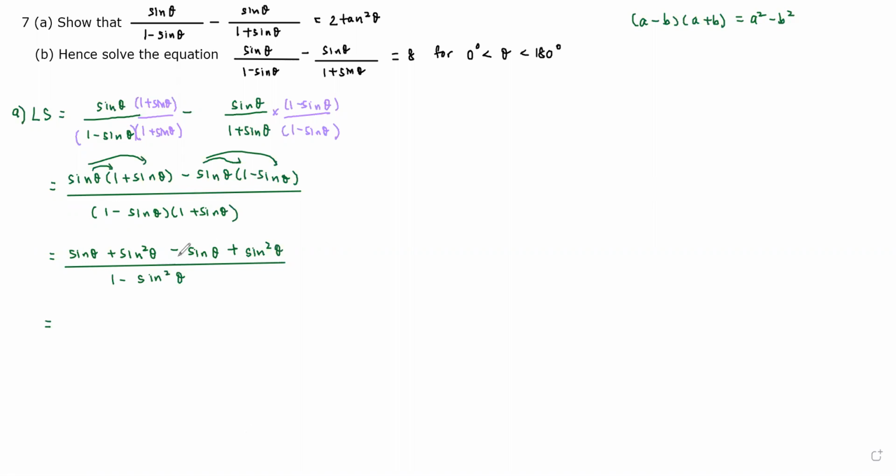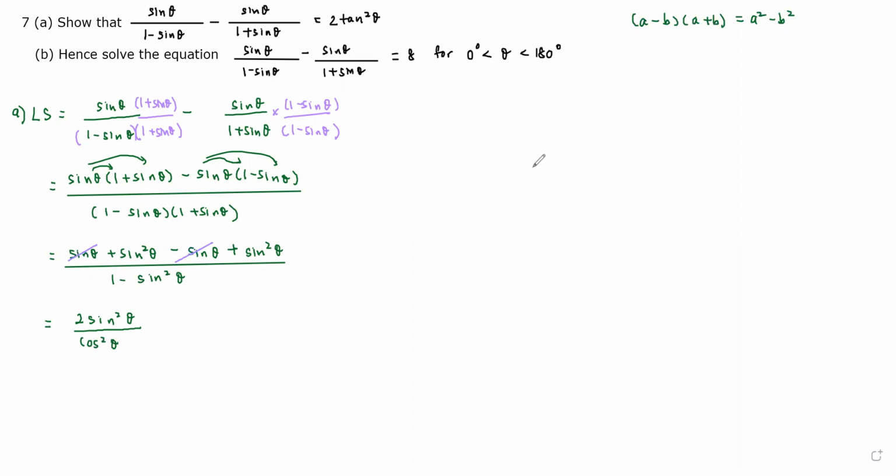Sine theta and sine theta cancel off in the numerator, so that we have sine square plus sine square, that is 2 sine square theta. In the denominator, 1 minus sine square is cos square theta.